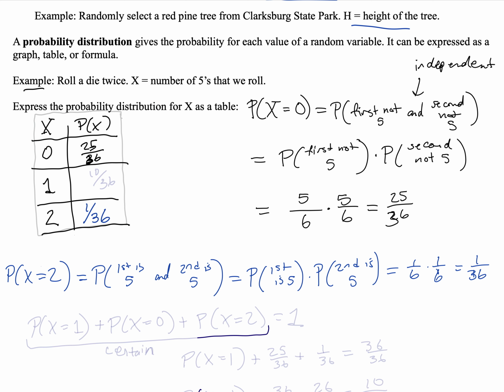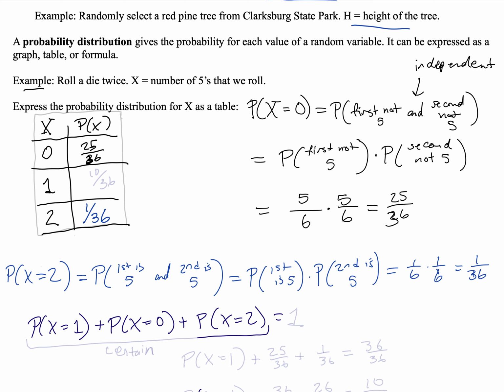And finally, to find the probability that x is equal to 1, we can find that in two different ways. One way is to notice that the probability that x is equal to 1 plus the probability x equals 0 plus the probability that x equals 2, well, that's the entire set of possibilities for the value of x.